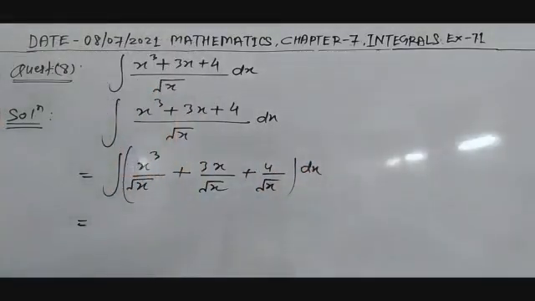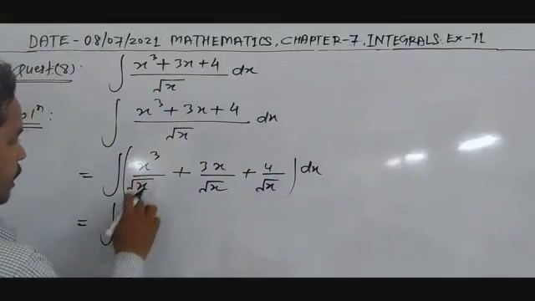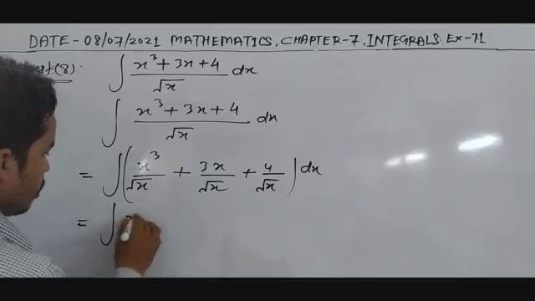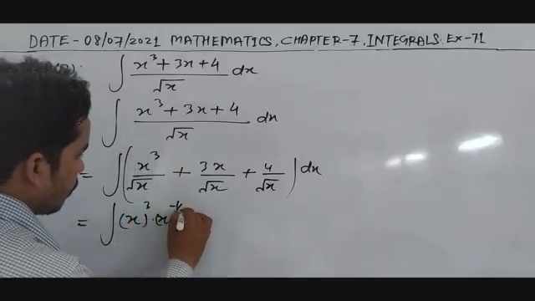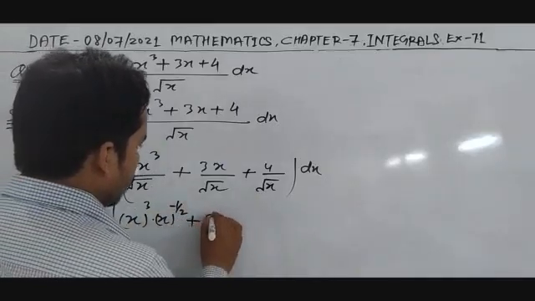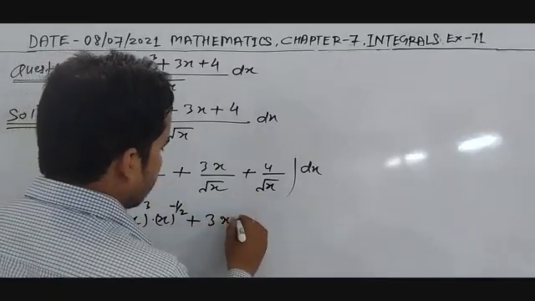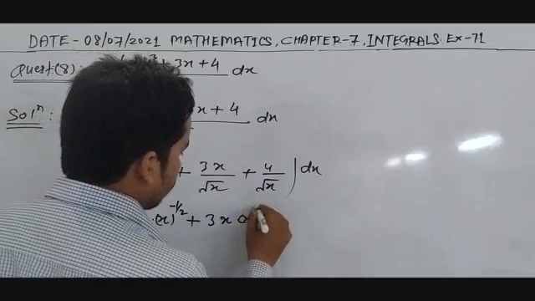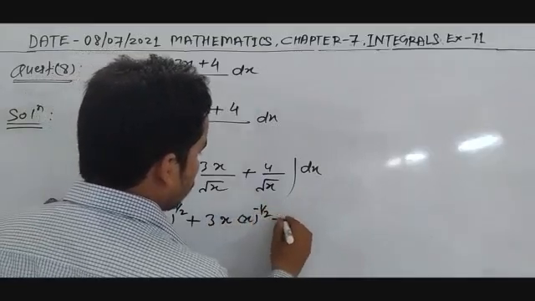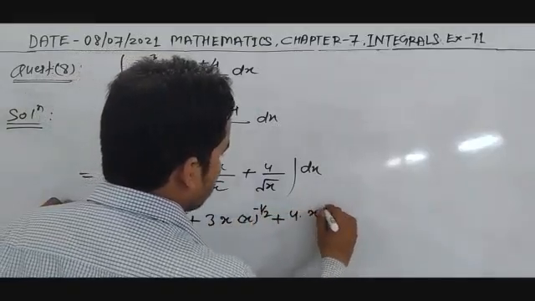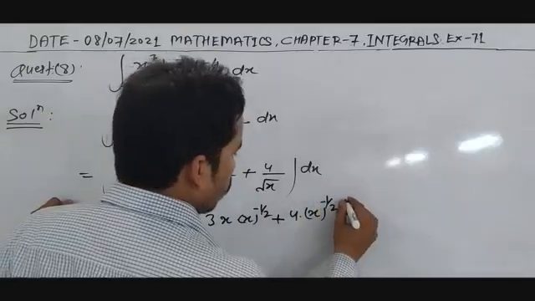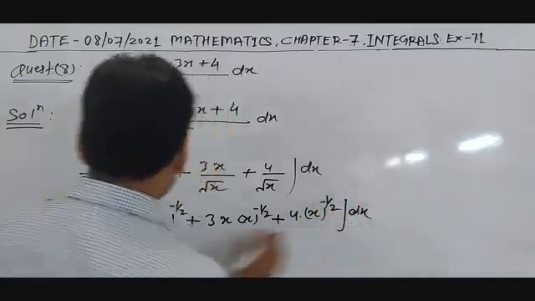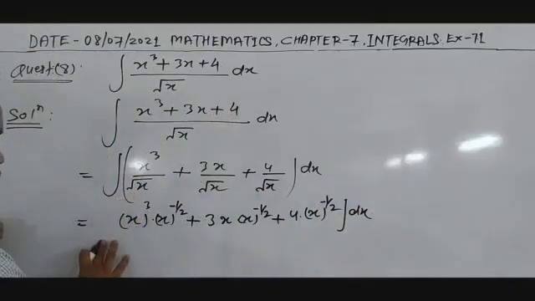So now this one can be written as, after solving the expression, root x will be in numerator, result will be x cube times x to the power minus 1 by 2 plus 3 times x into x to the power minus 1 by 2 plus 4 times x to the power minus 1/2 whole dx.